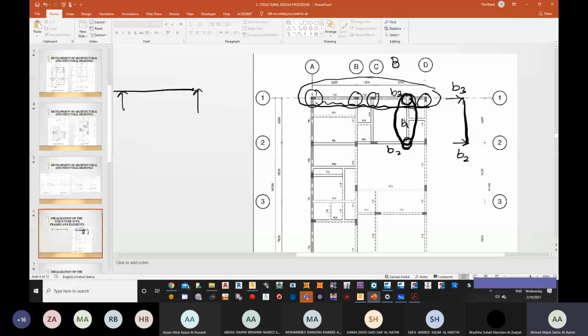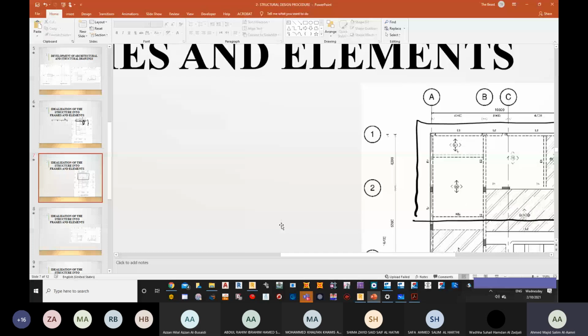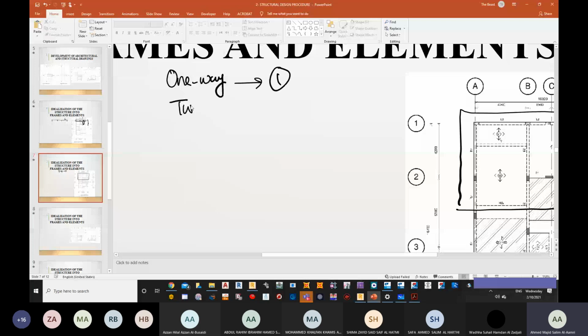In one direction. Two-way slab? Two directions. Okay. So according to what you are telling me, a one-way slab is bending in one direction, and a two-way slab is bending in two directions.